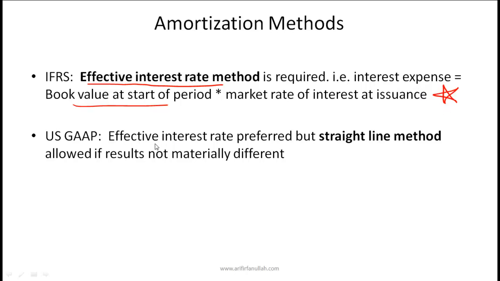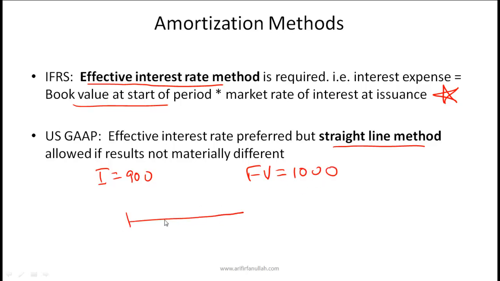US GAAP also allows companies to use what's called the straight line method, and very simply put, this is how it works. Let's say that the proceeds from issuance are equal to 900, the face value is equal to 1000, and this bond needs to be amortized over 3 years.